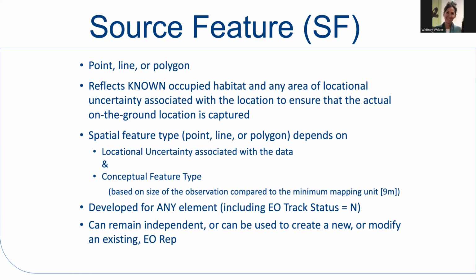Now, the minimum mapping unit may vary. In Canada, I believe they use 18 meters in some provinces. The source feature can be developed for any element, and it can remain independent, or it can be used to create a new or modify an existing EO rep.